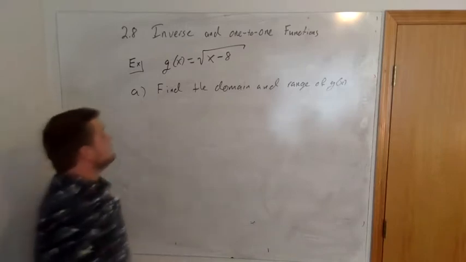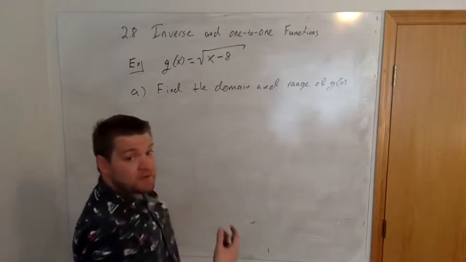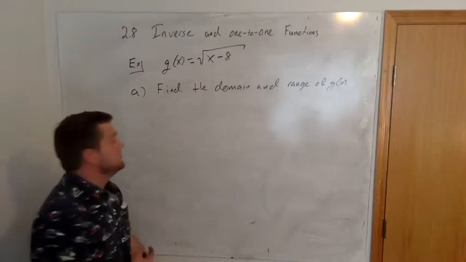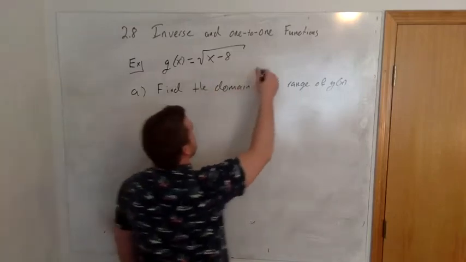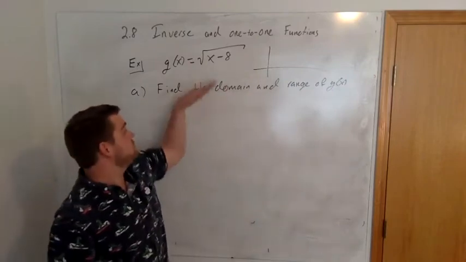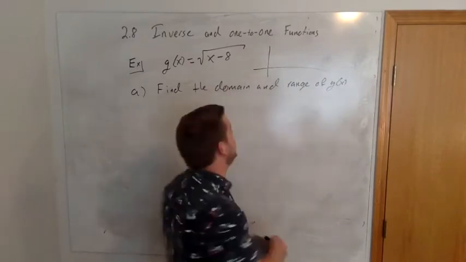Okay, let's do it. We could think about this graphically if we want to do the domain or the range, and we could also figure out the domain algebraically. If I'm looking at the graph of this function, this is the square root function shifted to the right by 8 units.